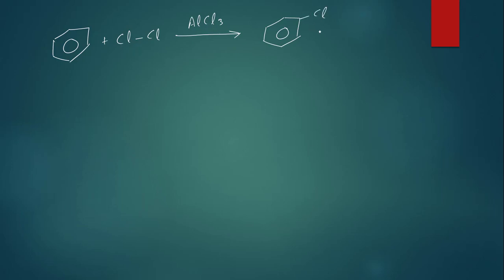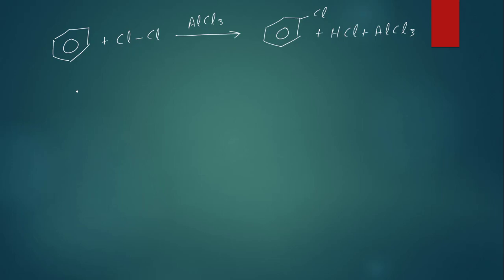Just like the others, we will get some HCl and AlCl3 again as our catalyst. So what is the possible mechanism of this reaction? The mechanism is just the same as we have discussed before.